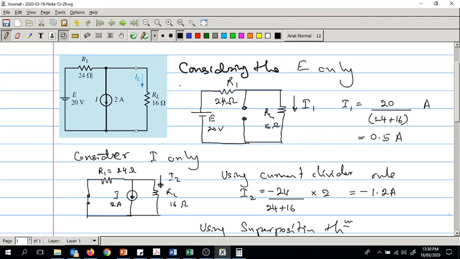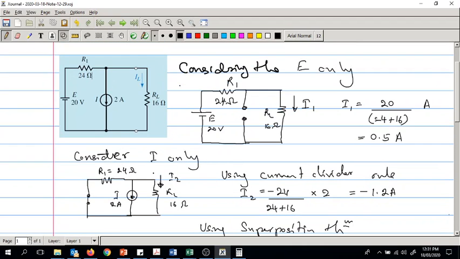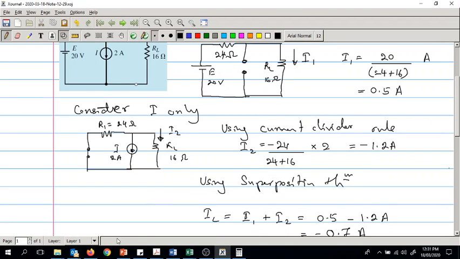So if you are using the superposition theorem, avoid using other circuit analysis techniques, and rather use simple techniques like voltage divider, current divider, Ohm's law, and so on.